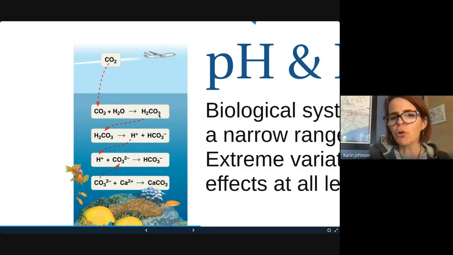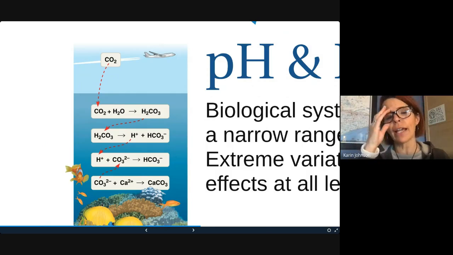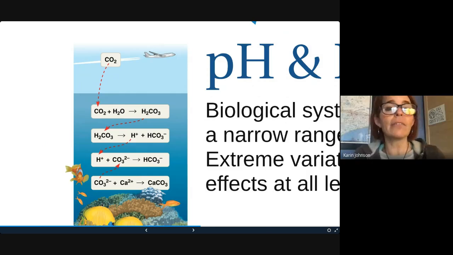And we could go through, and I would love to go through the chemistry of what's going on here, but I will just tell you why an acid in this environment is so bad. Coral reefs and all organisms that produce shells and bony structures on the outside, they use a molecule called calcium carbonate.